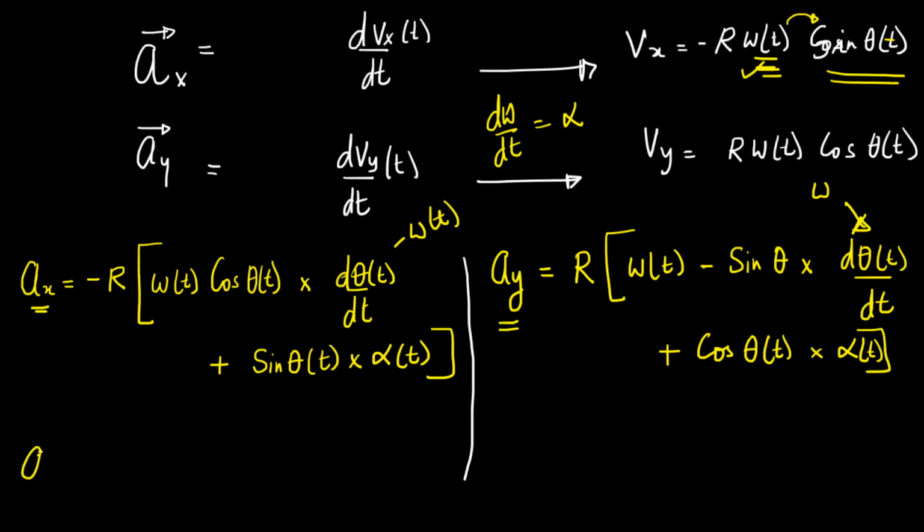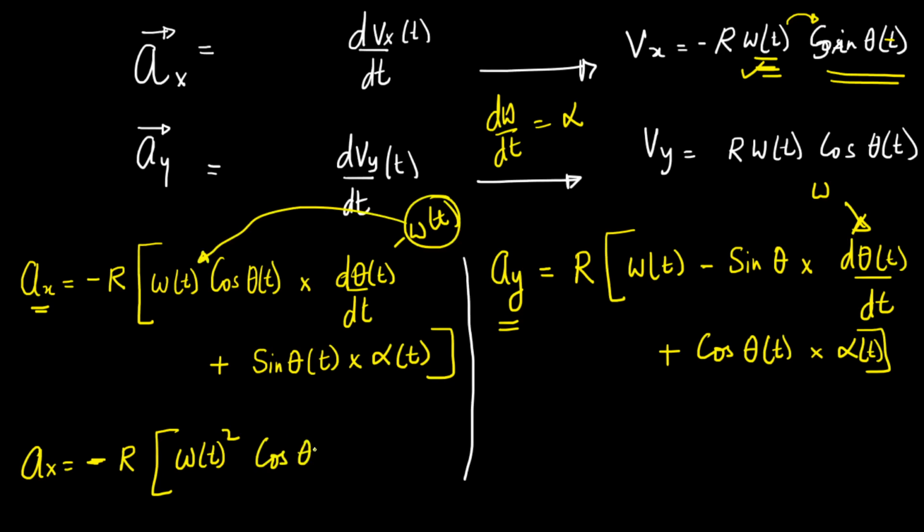So let me just write ax as minus r times omega square. This omega is being multiplied by this omega. Omega square cos of theta t, plus alpha times sine theta t.